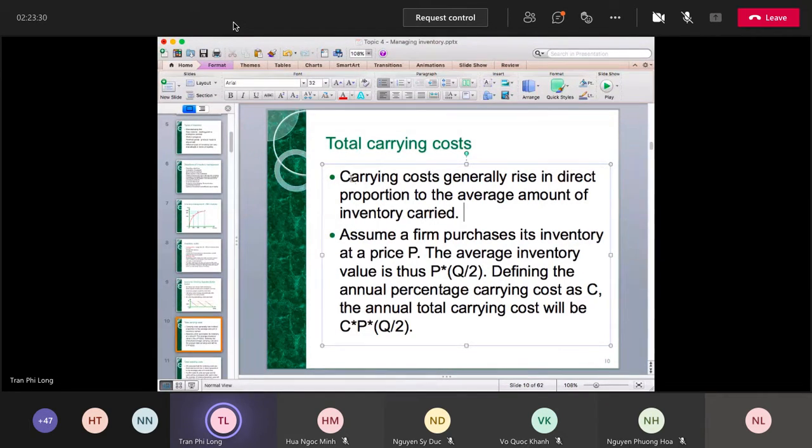And because we assume that the carrying cost increases in direct proportion to the inventory, we can define the percentage carrying cost SC. So the annual total carrying cost will be SC multiplied by P multiplied by Q over 2.